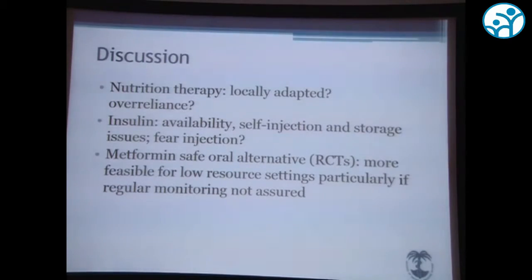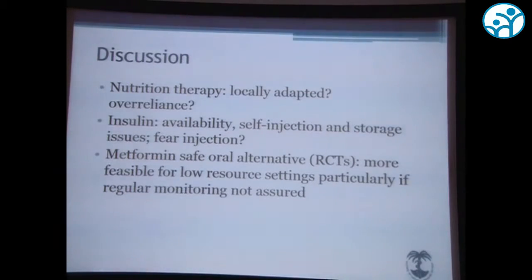We have to ask ourselves if the nutritional recommendations are locally adapted. In a lot of countries they have very carbohydrate-rich diet, and it's quite difficult for patients to purchase vegetables or to purchase a protein-rich diet because it's just expensive.